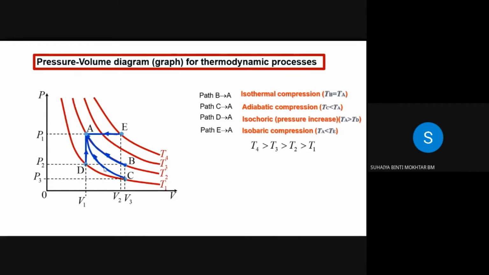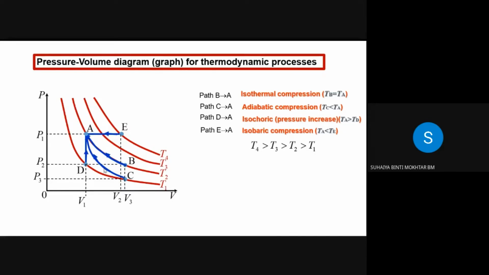Volume decreases, so work done should be negative. Then temperature here, TA is greater than TC. So in this case it is adiabatic compression.